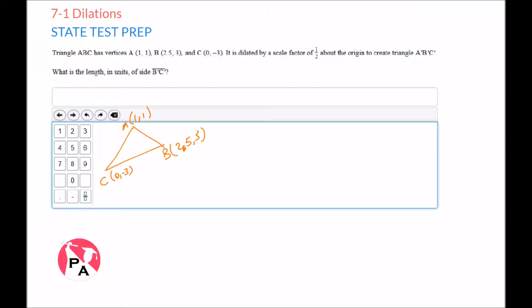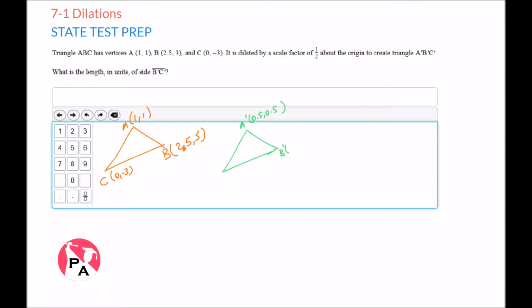The second triangle, A dash, B dash, C dash, is going to be a smaller one because we are multiplying each point by 1/2. So A dash is going to become 0.5, 0.5, because if we multiply 1 by 1/2, we get 0.5 or 1/2.